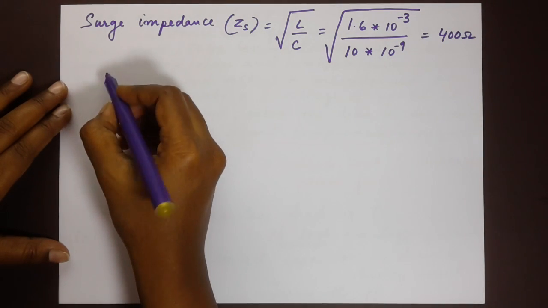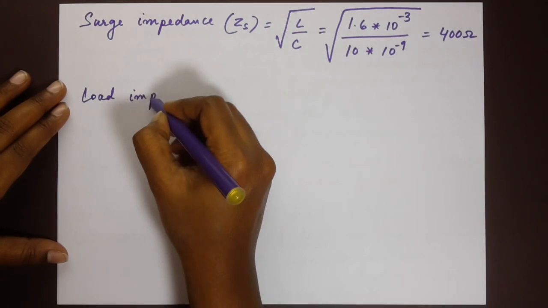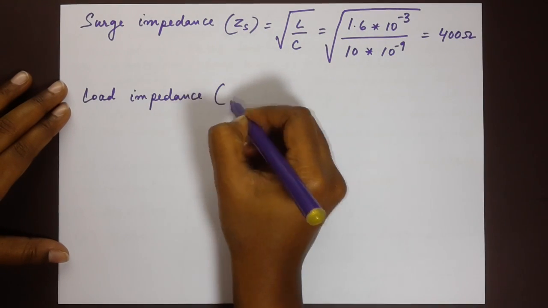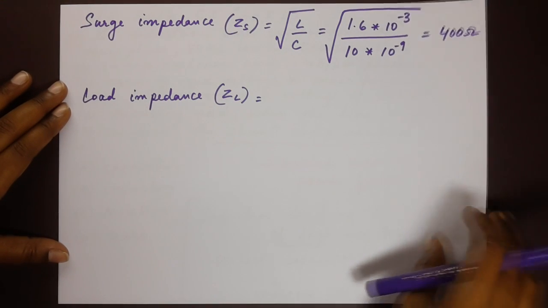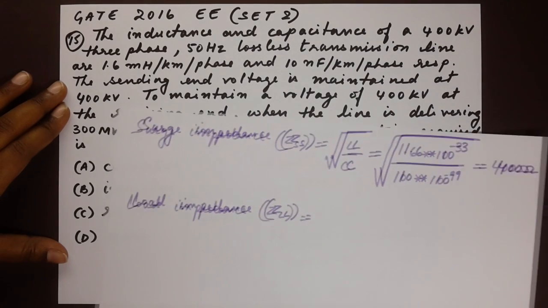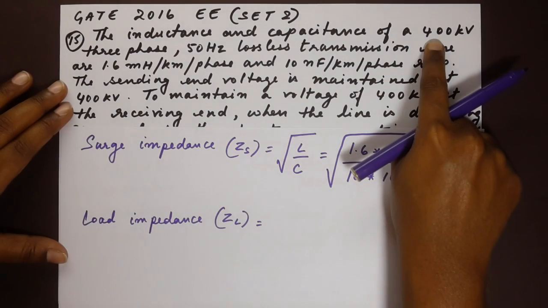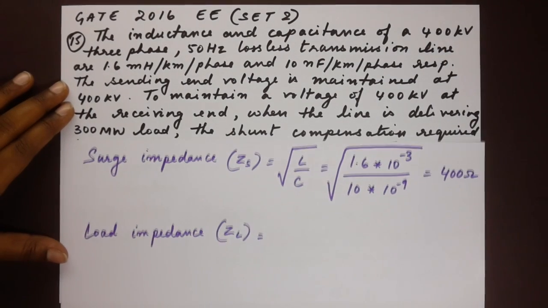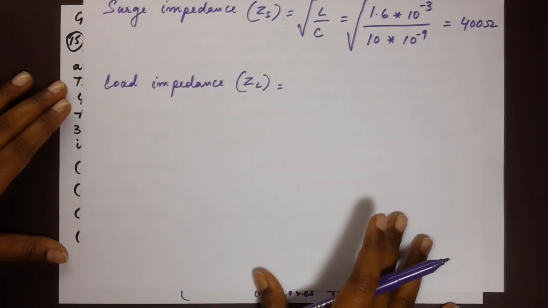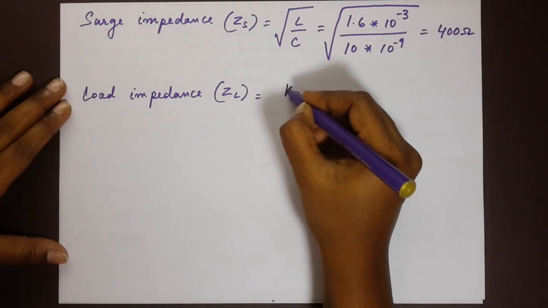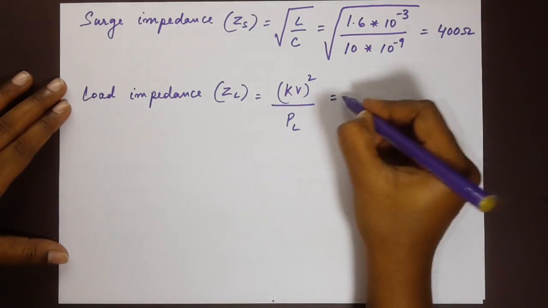Now let's look at the load impedance ZL. ZL can be calculated in terms of the power that's given. We have been given 400 kV and a load of 300 megawatts. So the load impedance is kV squared divided by the load power.